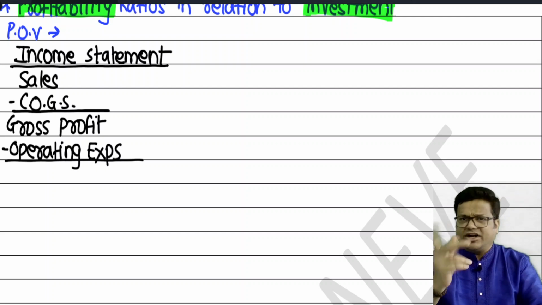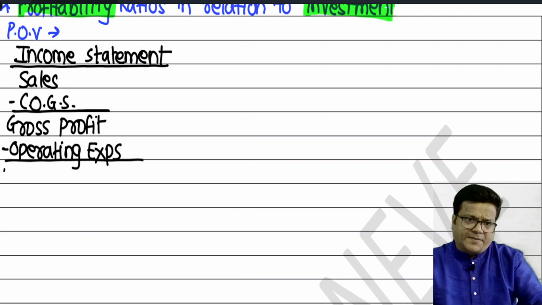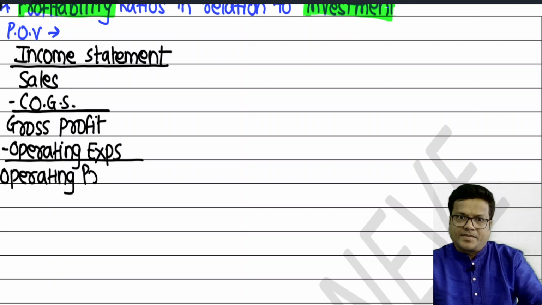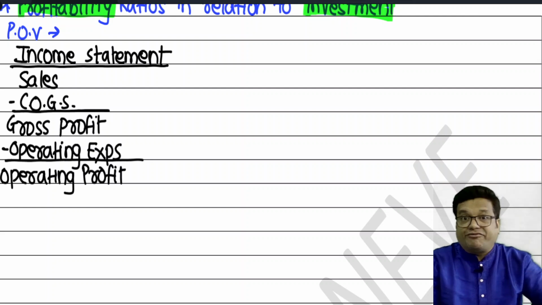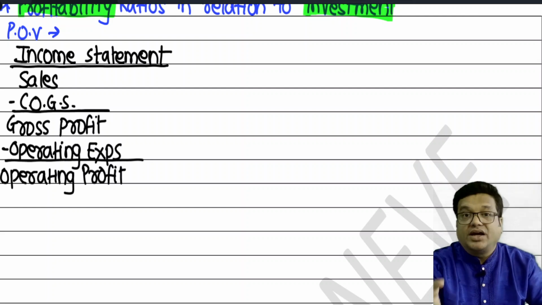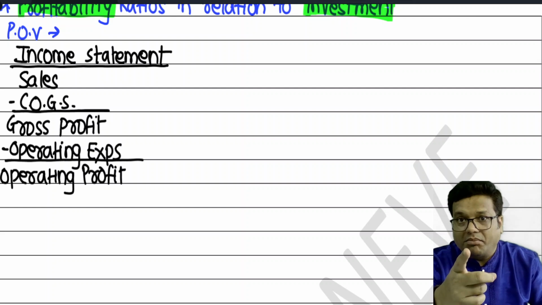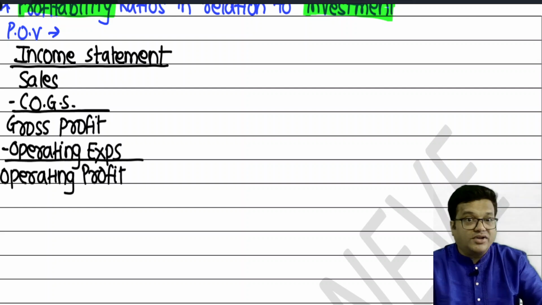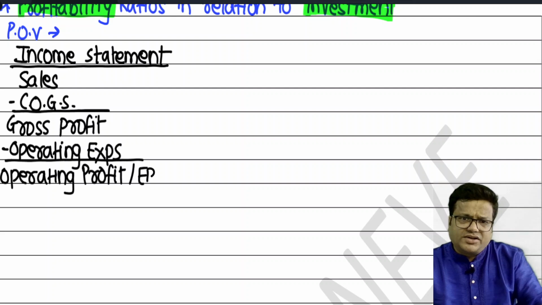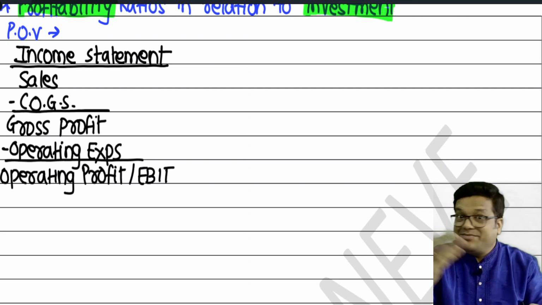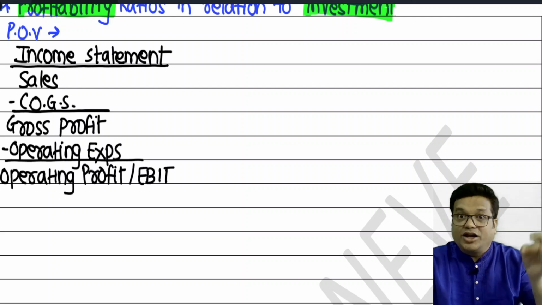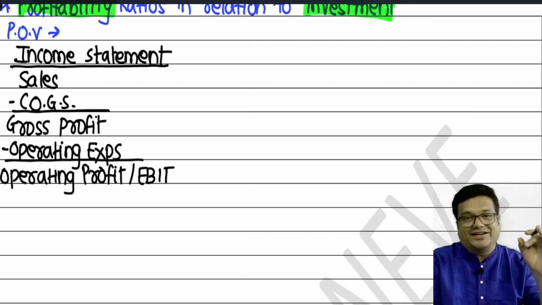And then you arrive at operating profit. If, listen to me very carefully, if non-operating income and non-operating expenses are not given, then this itself is our EBIT. What is EBIT? Earnings before interest and taxes.